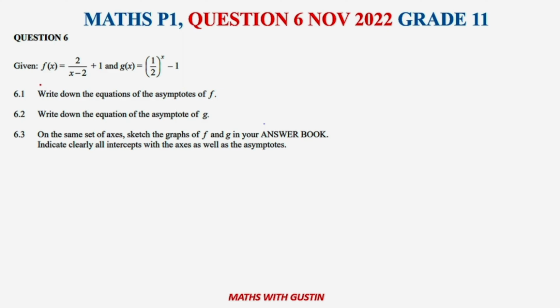6.1 says write down the asymptotes of f. We see that f here is a hyperbola, and g of x is given, it's an exponent function. So for 6.1, you would know that if you are given a function like this, let me just illustrate an example.